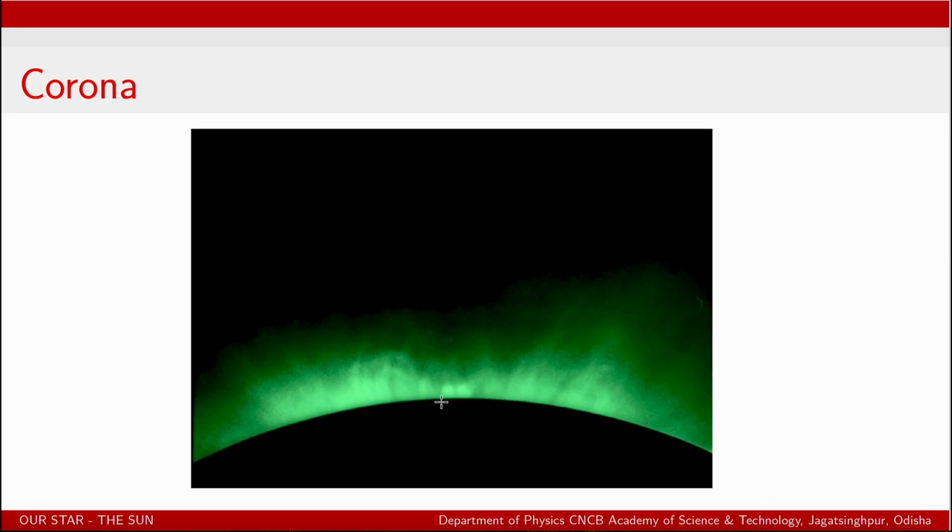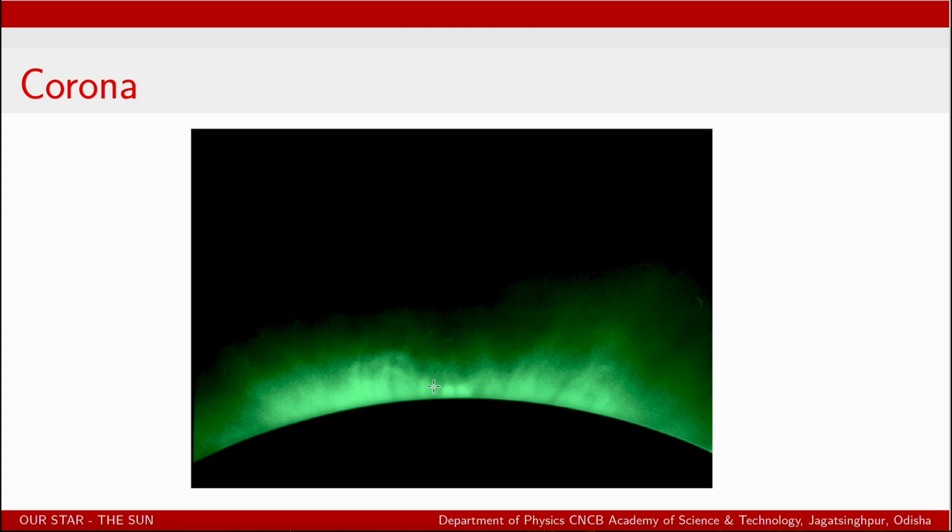This is the corona, and what we see is the green emission in the corona. Scientists didn't understand because the wavelength of this line did not match any wavelength they had observed in the laboratory on the surface of the Earth. For a long time they wondered what this transition would be. Finally they figured out it is due to an iron ion.